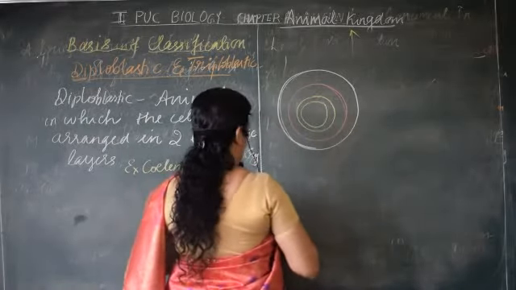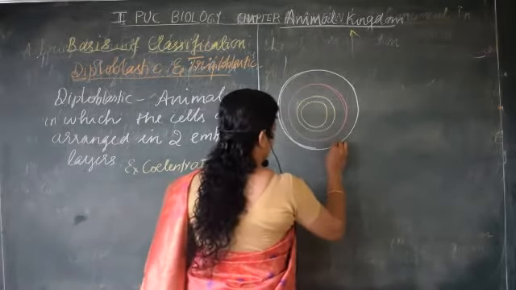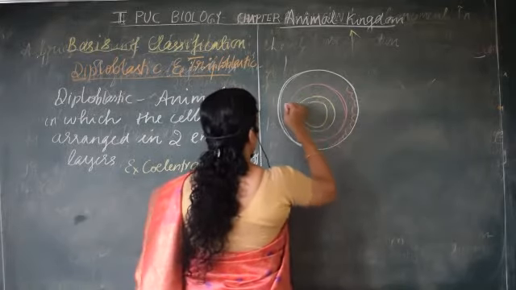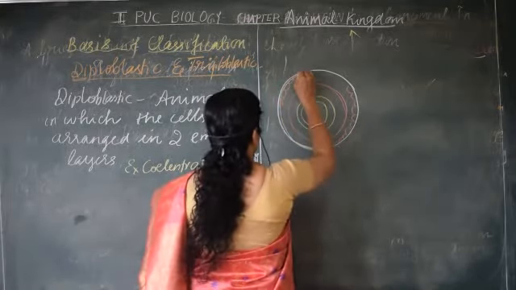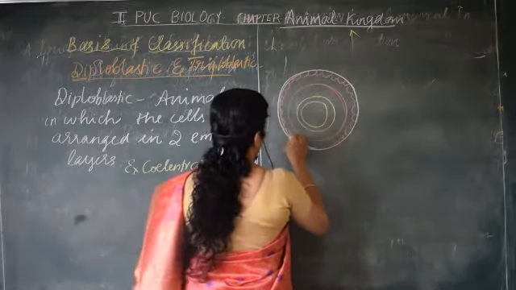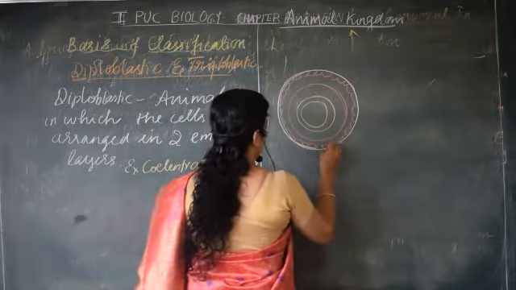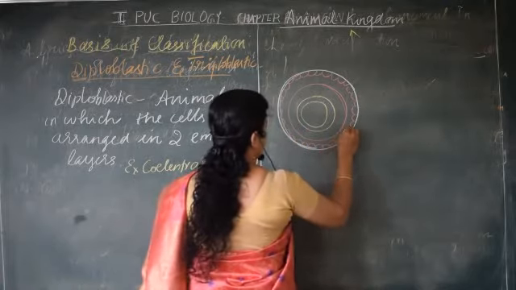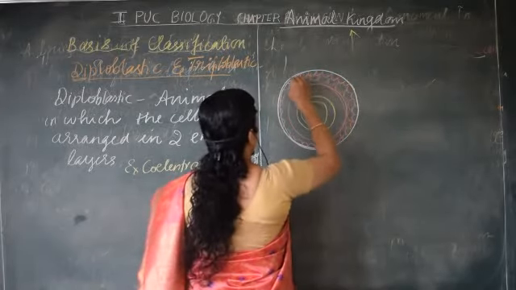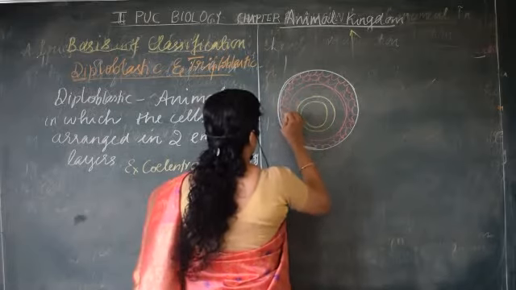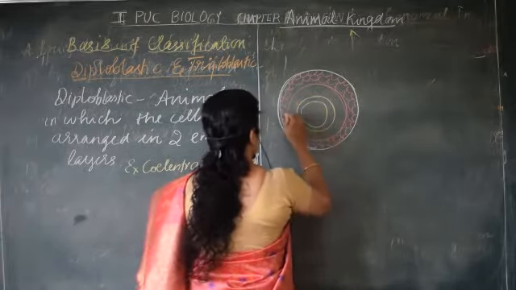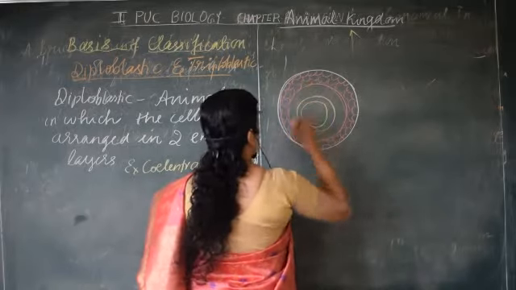In these two layers also it is filled with cells. Here this is the ectoderm, which is filled with cells. When you are drawing the cells, it's important that you show the nucleus. So in each cell you have to put a dot that indicates it is a cell having a nucleus, because a true nucleus means it is a eukaryote. Eukaryotes have the true cell, that means having a proper nucleus and cellular envelope.